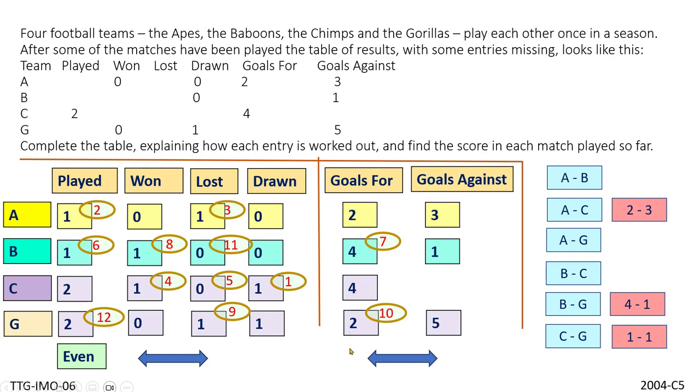So the total of 12 goals scored for should also match the goals scored against, 12. So out of 12, 5, 1, and 3, which adds to 9, is already there, which means this one missing then has to be 3. And that completes the table, and that also gives you the score line of individual matches.